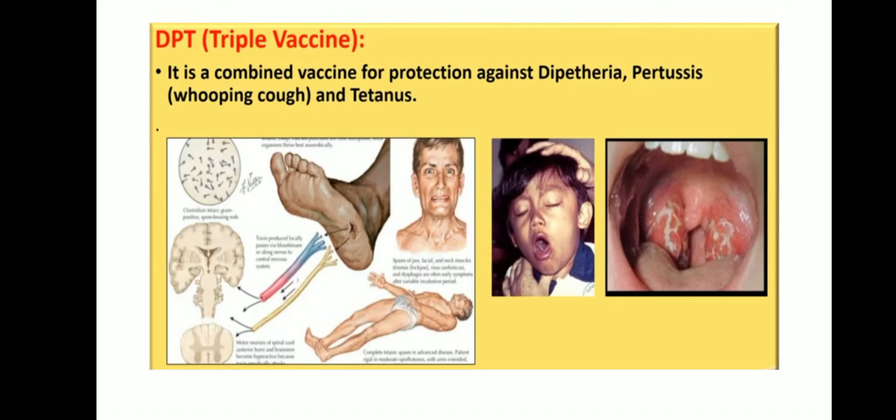Tetanus means a kind of bacterial infection which brings muscle pain. So for the three kinds of diseases, a single vaccine: diphtheria D, pertussis P, tetanus T. For all three diseases together, one single vaccination is given, DPT.